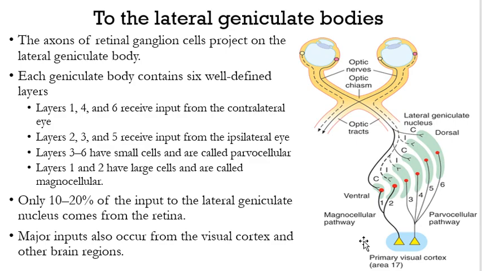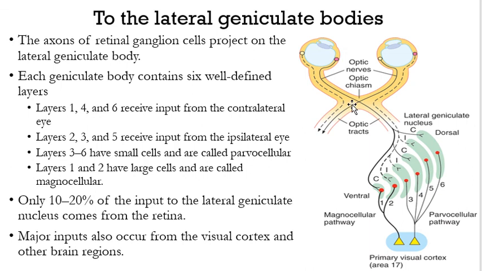Once you look at the magnocellular and parvocellular, please know that's where they're coming from. This also gives you where the ones coming ipsilaterally synapse, and where the ones coming contralaterally synapse.